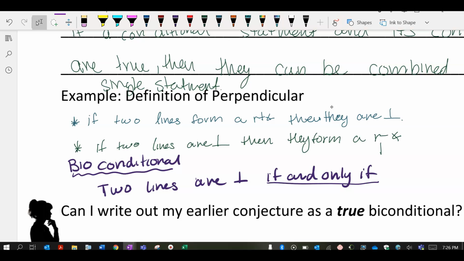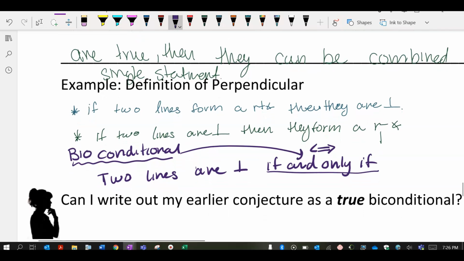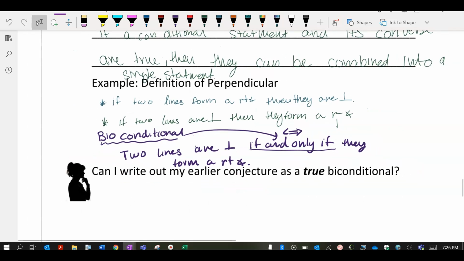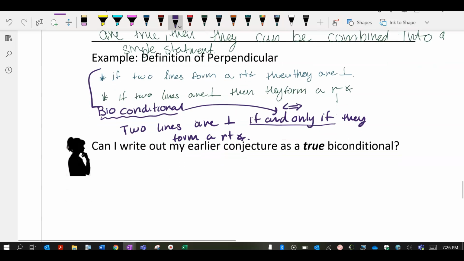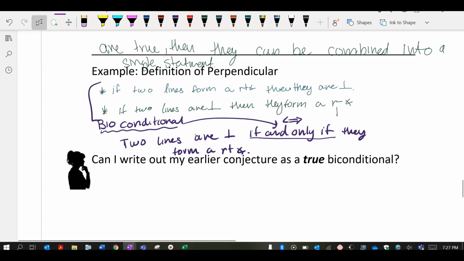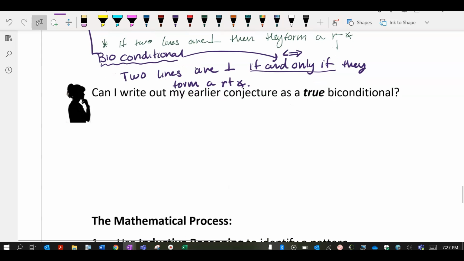This is that biconditional statement. Remember I said it can be an arrow going both directions, and in words it is going to be if and only if. Okay, so that would be the biconditional statement if we're looking at these two if-then statements, our conditional statement and its converse.